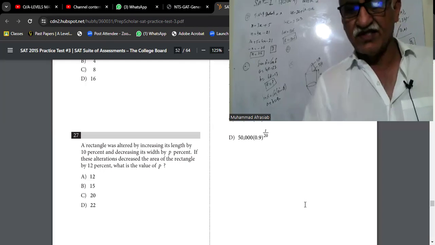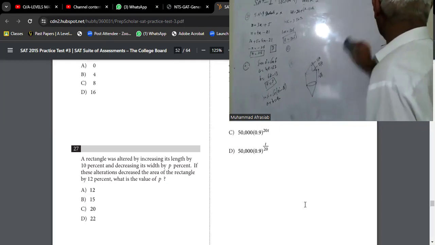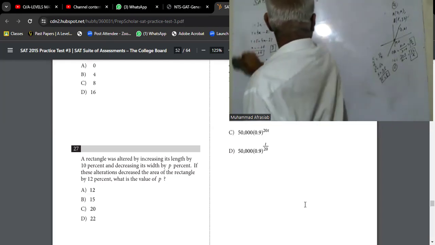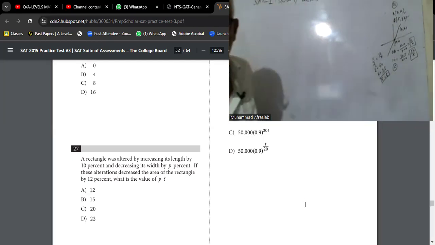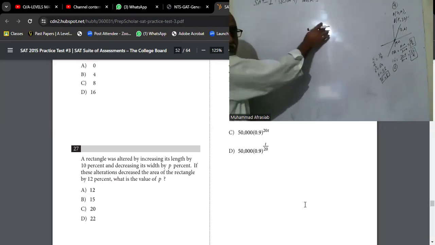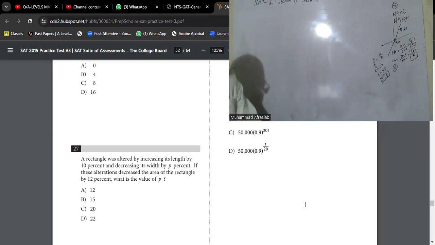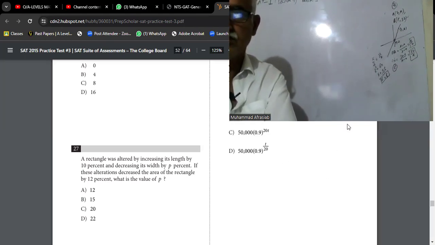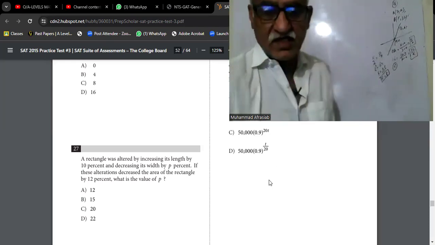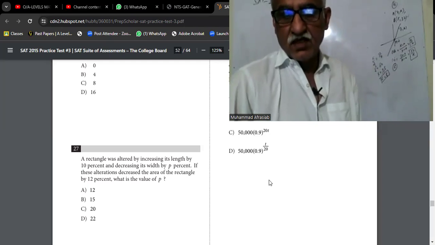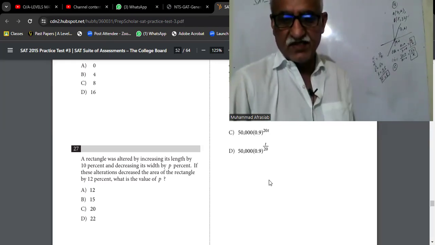Then question number 27. A rectangle was altered by increasing its length by 10% and decreasing the width by p%.